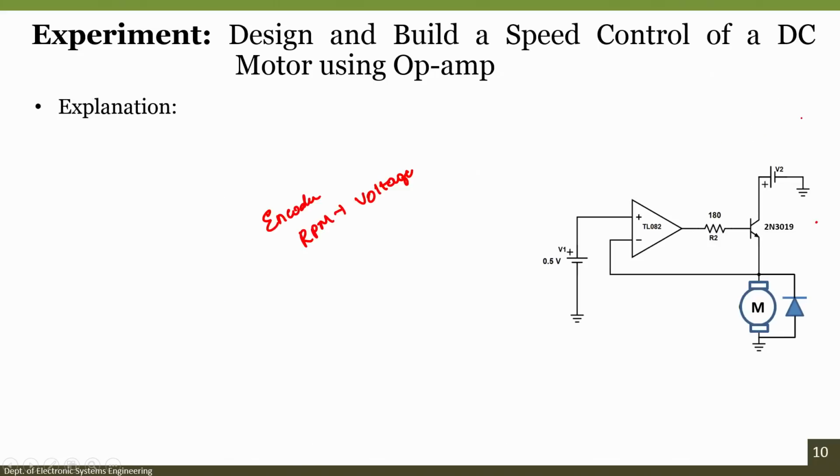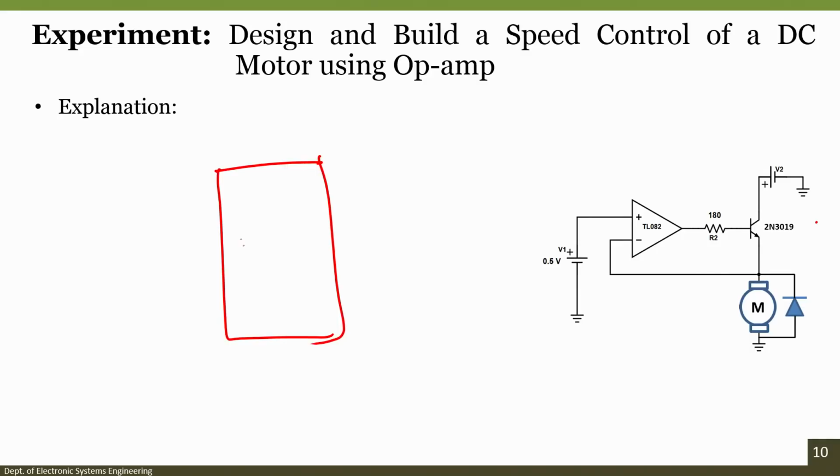To understand the working of the circuit, what we have to do now is create a table. We will give different voltages starting from 1, 1.5, 2, 2.5, 3, 3.5, 4, 4.5 and 5.